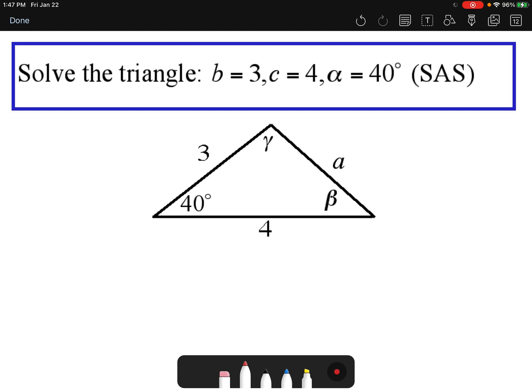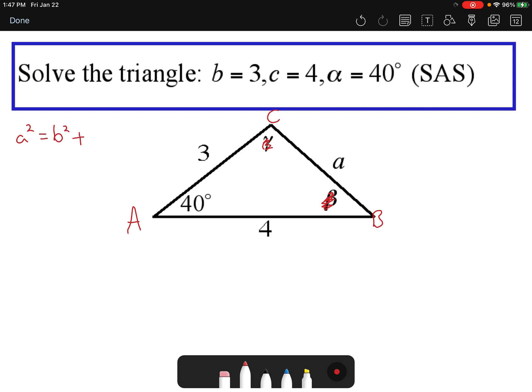So we can easily find A, okay? So I'm going to go ahead and put the parts in here because we don't like these gammas and betas and alpha. So we've got to find angle B, angle C, and letter A. Well, there's no way to find B and C, the angles, because we don't have all three sides. So we're going to find A first.